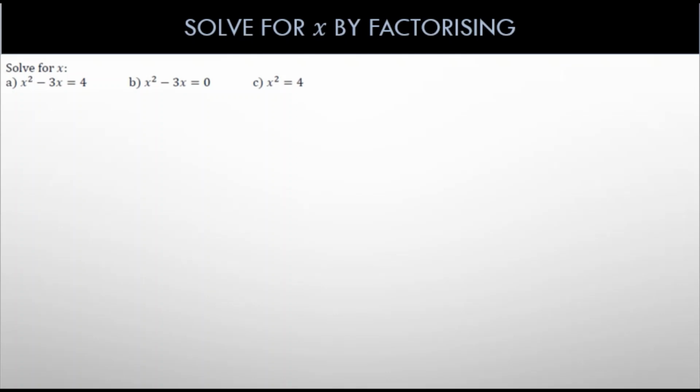So whenever we see an exponent 2, we put the equation in standard form, meaning everything must be equal to 0. So x squared minus 3x minus 4 is equal to 0, so that it becomes easier for us to factorize.